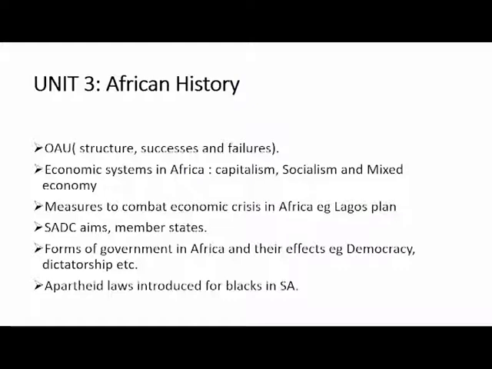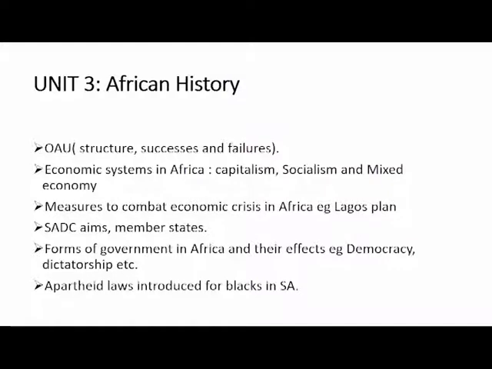As far as African history is concerned as well, you should know the economic systems in Africa. This time around, I have given examples of those economic systems, which are capitalism, socialism, and mixed economic system.